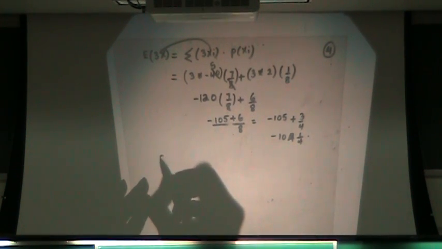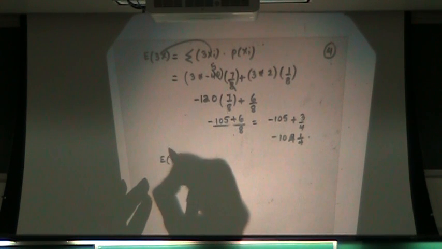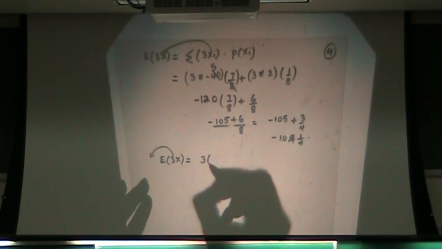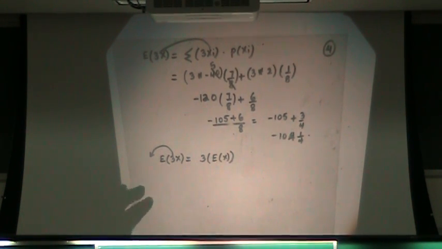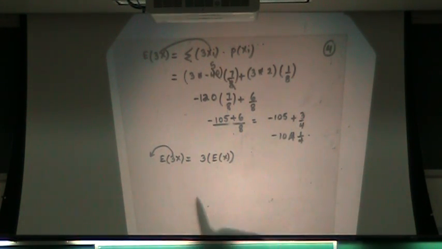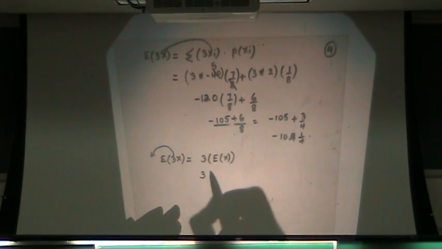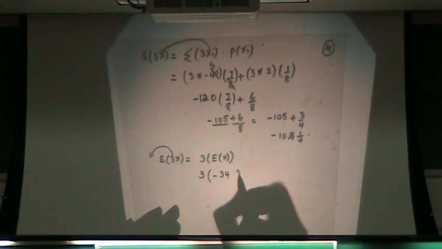You could have said E of 3x is equal to, pull this constant out, 3 E of x. And E of x was already found on the previous page, minus 34 3/4. So how about saying 3 times minus 34 3/4?